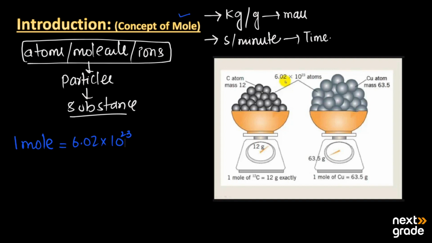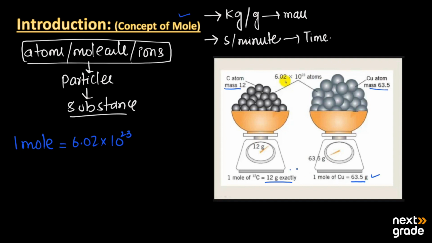From this picture, if we have carbon atoms, its atomic mass is 12. On the other hand, we have copper whose mass is 63.5. Both have different masses, as the carbon's mass is 12 gram exactly, and the copper is 63.5 gram.